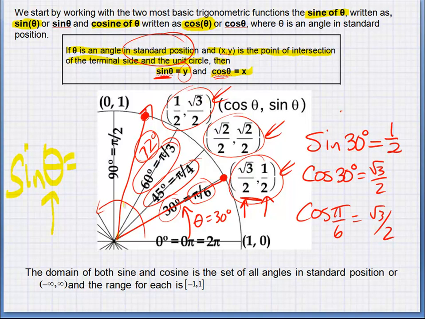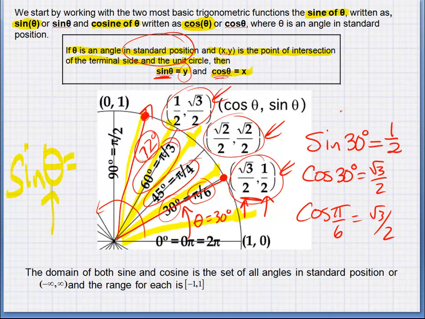Well, no matter what angle I look at around the unit circle, that angle is always going to intersect the unit circle, and it's always going to have a y-coordinate. So every angle I use when I take the sine of it, I will always have an answer for. Now, what the answer is isn't that easy to find, but you'll always have an answer for it. Well, if that's the case, that means I can let theta be anything, any angle around the circle.